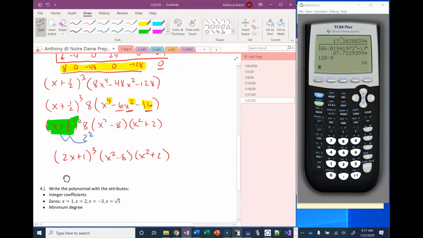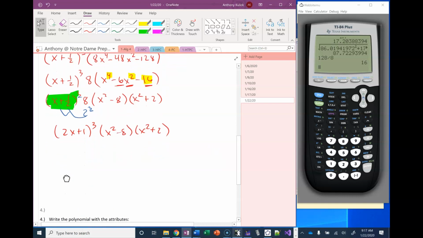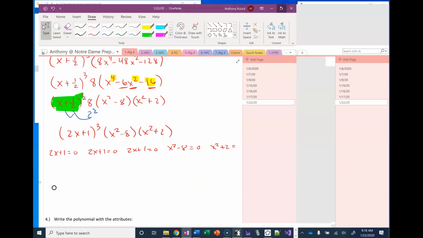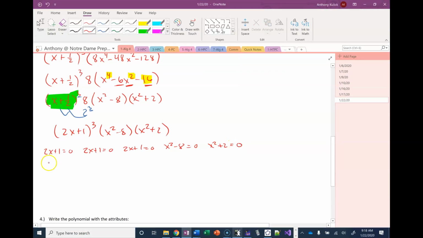And now this is completely factored. So all I'm left to do is to set each of these factors equal to 0 and solve. So when I subtract 1 and divide by 2, I get 1/2.